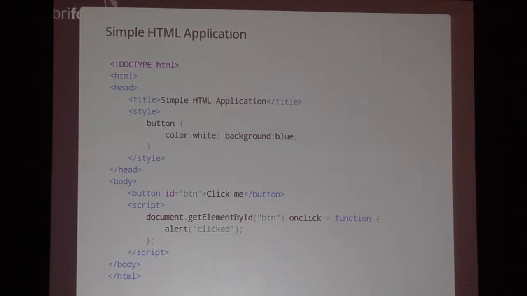Then we define one button in there with a text click me in it. We find that button based on its ID, and we associate a JavaScript function with the click event for that button, and all that function does is pop up a message box saying clicked. This is totally valid HTML. This is a short app which does something. Not something very useful, but still does something.